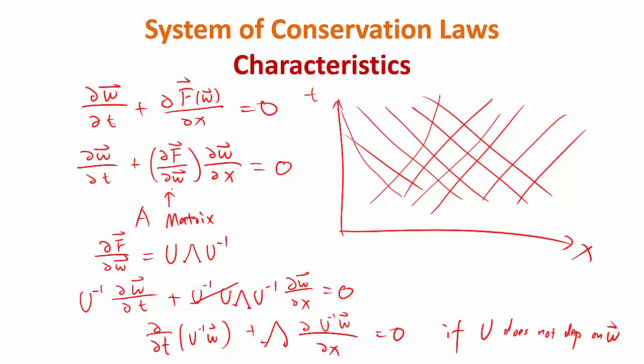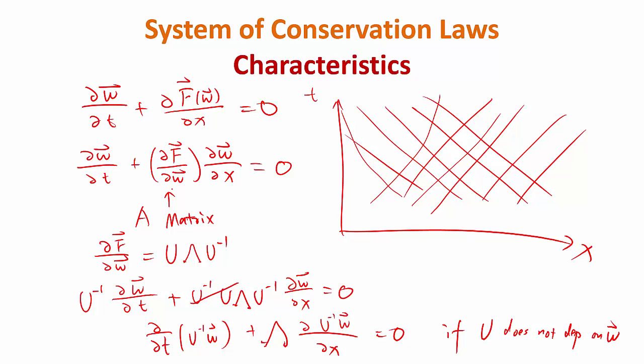But these eigenvalues of the Jacobi matrix, this is called the Jacobi matrix of the flux, a square matrix of how the flux depends on the conserved variables. The eigenvalues give us the wave speed, which is very important in constructing the interface flux. If we know the wave speed from the left and the wave speed from the right, that tells me which direction the solution is coming from.